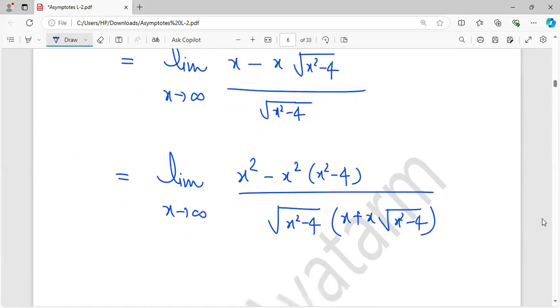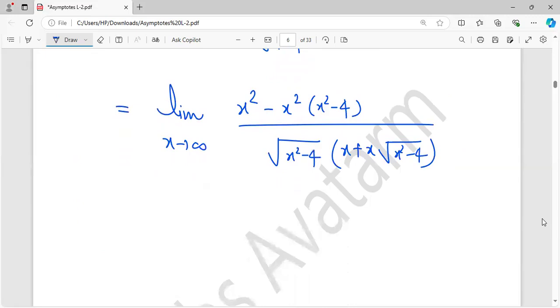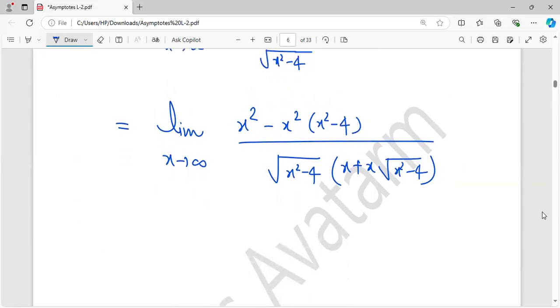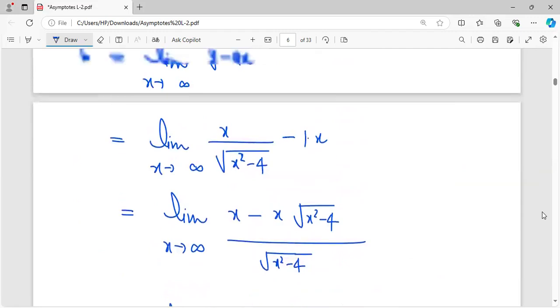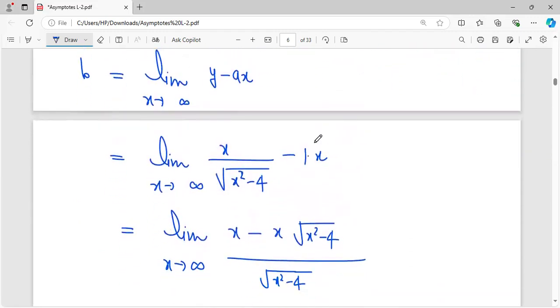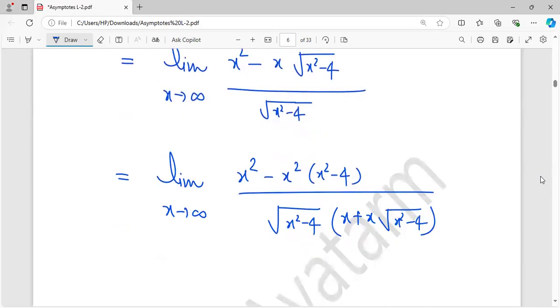Solve it, what will you get? This is actually x², and this is x², so this is x to the power 4.